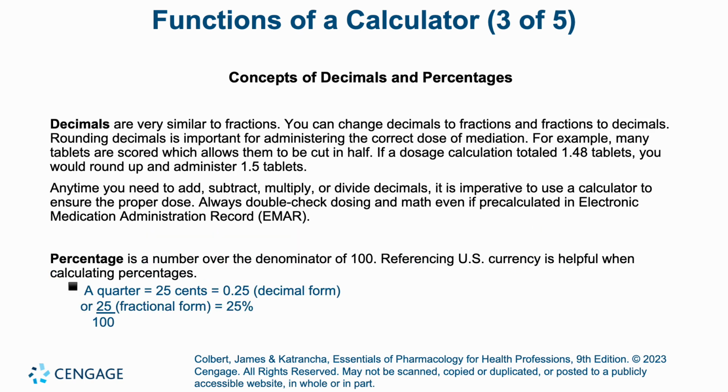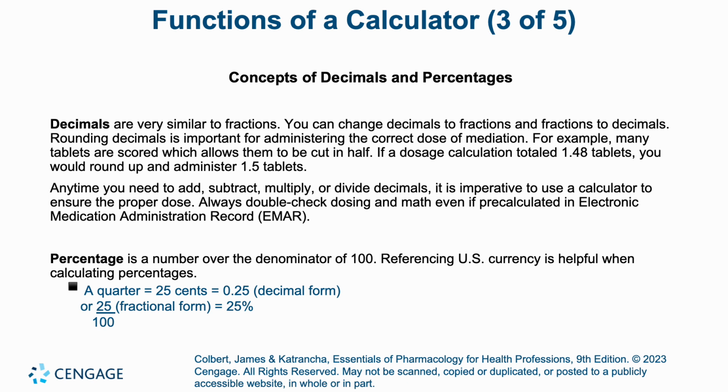Decimals are very similar to fractions. You can change decimals to fractions and fractions to decimals, and rounding decimals is important for administering the correct dose of medication. So many tablets are scored, which means that on the actual pill itself, there is a little indentation, a little line, and you either can push both sides of the tablet to snap it in half, or you can use a pill cutter depending on if it's home use versus hospital, and that allows the tablet to be evenly divided into half.